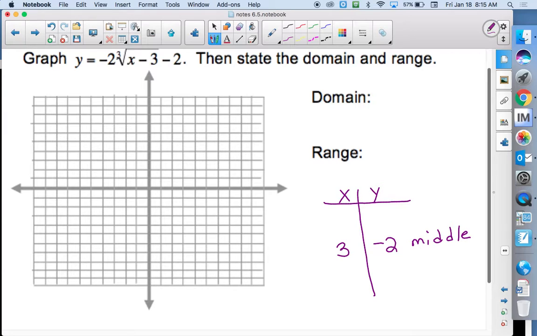So now if you look underneath the cube root, we need to find a number for x that makes the cube root negative 1. We need to find a number for x that makes the cube root positive 1. So let's start with that. So what number could I plug in here to make it a negative 1? Kushal? 2. So he said we could pick a 2, which if you notice, it's 1 less than 3. So do a little bit of scratch work.